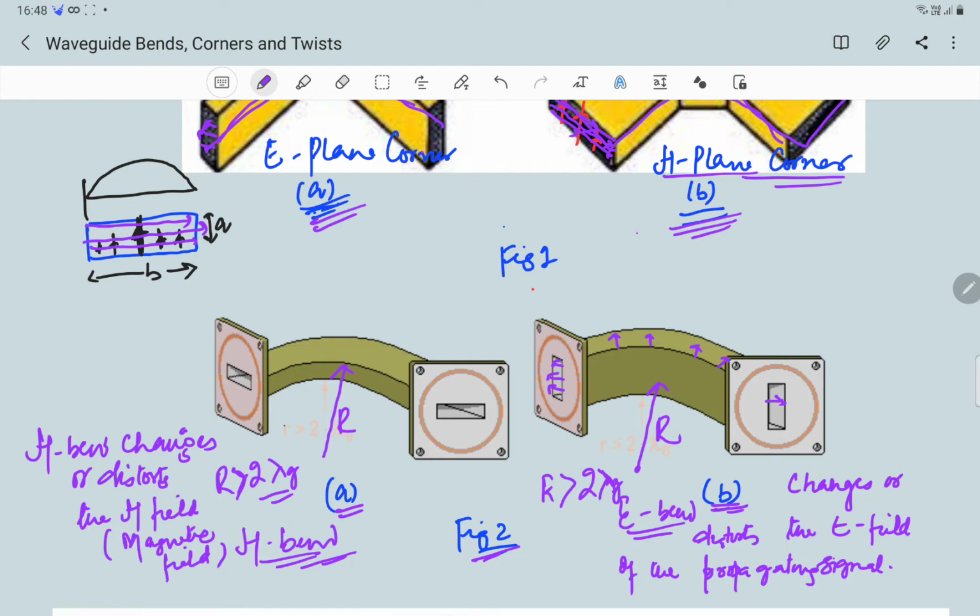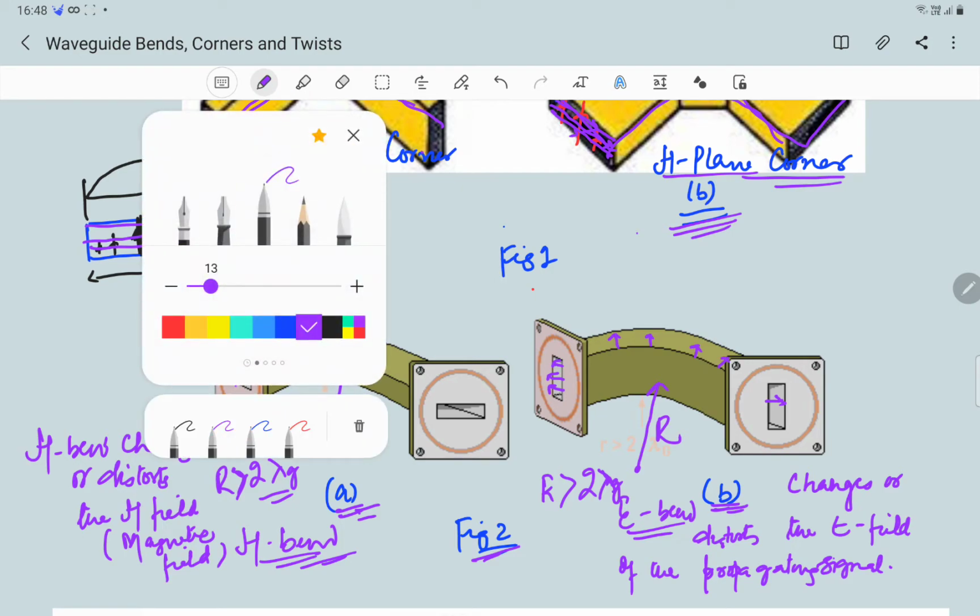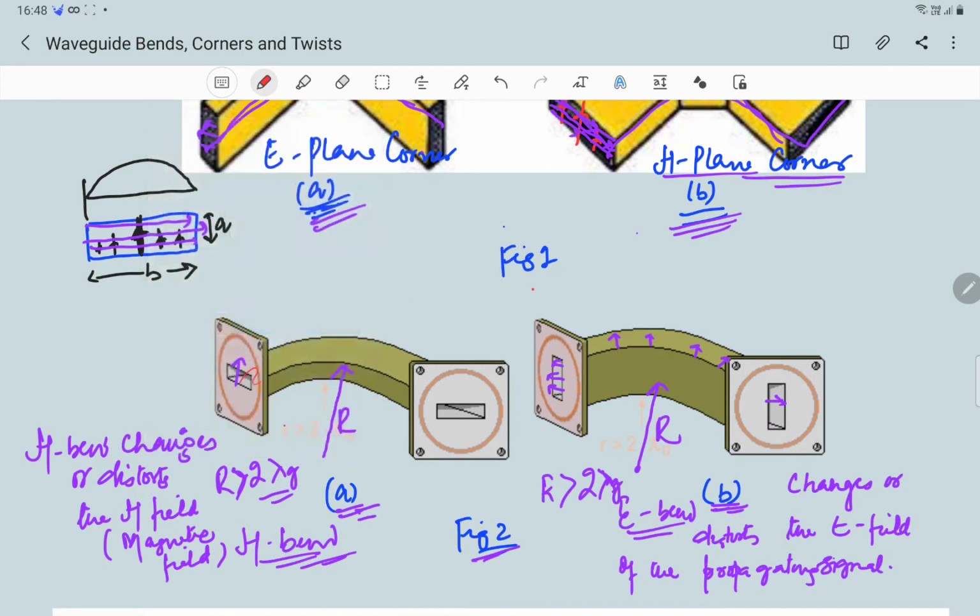In the first case, in the H bend, our electric field would be like this, and our H field would be like this. So this is the H field that gets distorted as we move along this bend. So here the E field gets distorted and here the H field gets distorted.